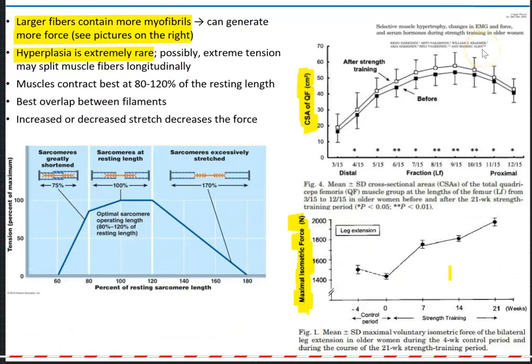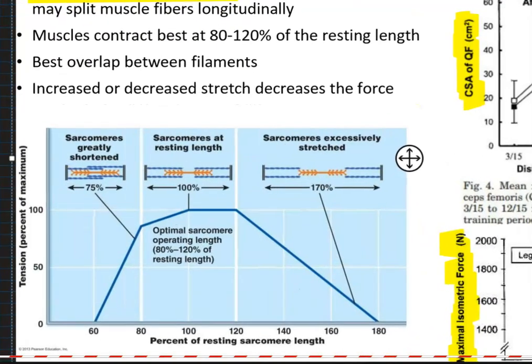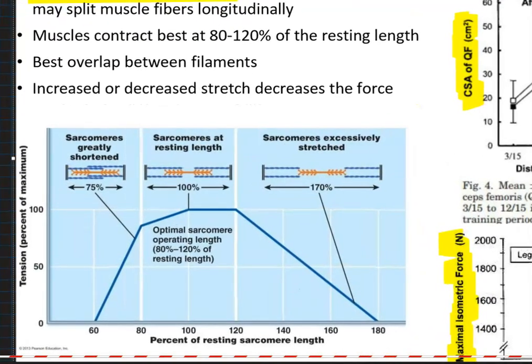Finally, the stretch of a muscle. Skeletal muscle cells have the optimal length for contraction. So if you look at the sarcomere at the resting length, thick and thin filaments have a pretty decent overlap.